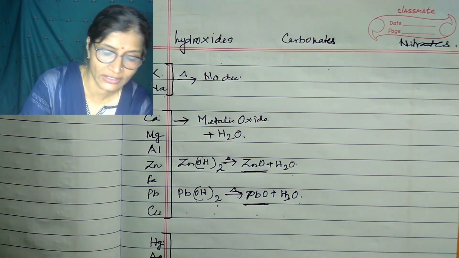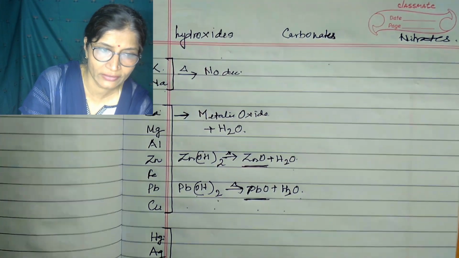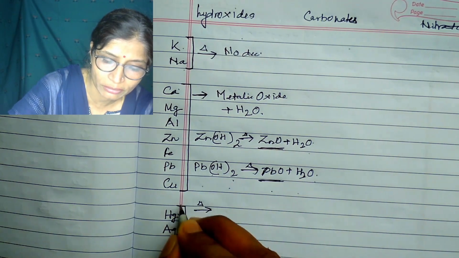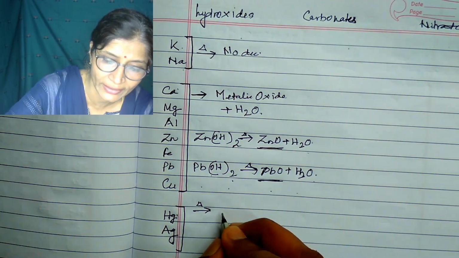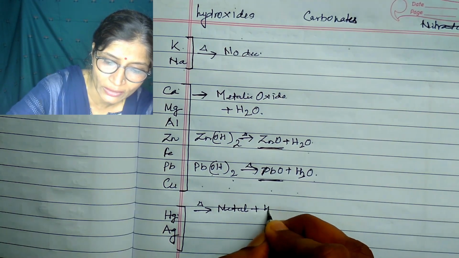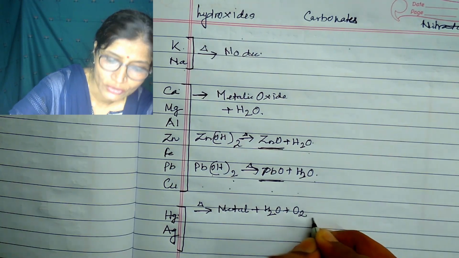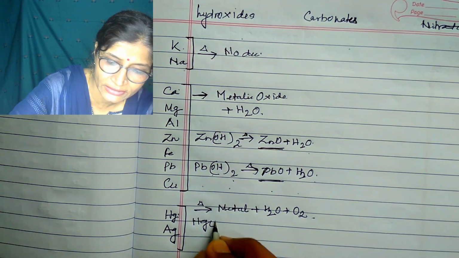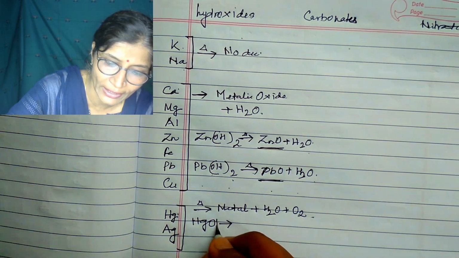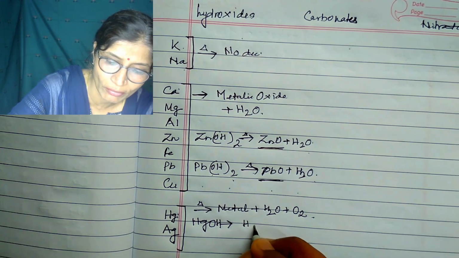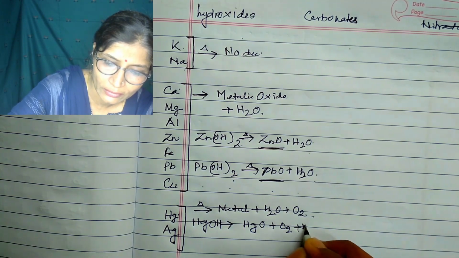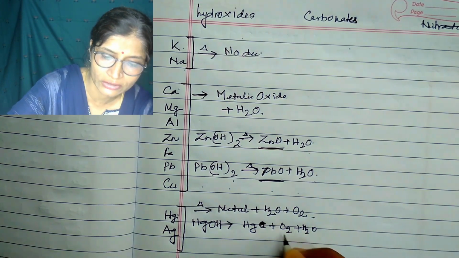But mercury and silver are the least reactive metals. So what happens when they are heated? All these mercury or silver hydroxides, when heated, will give the metal plus water plus oxygen. So for example, when mercury hydroxide is heated, it will form mercury plus oxygen plus water.